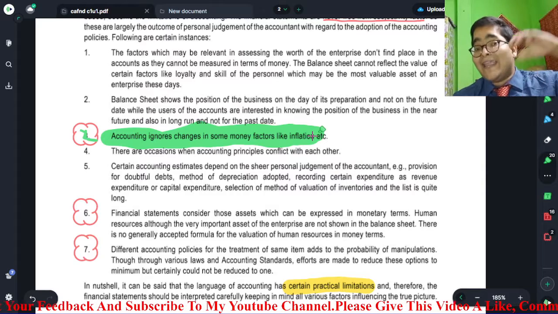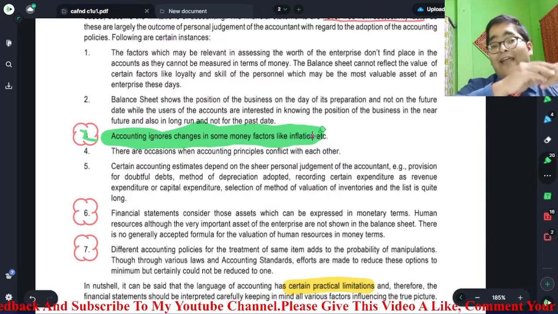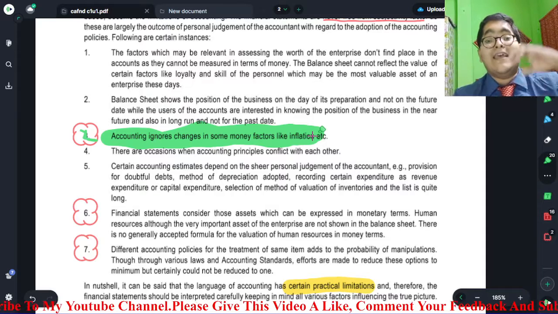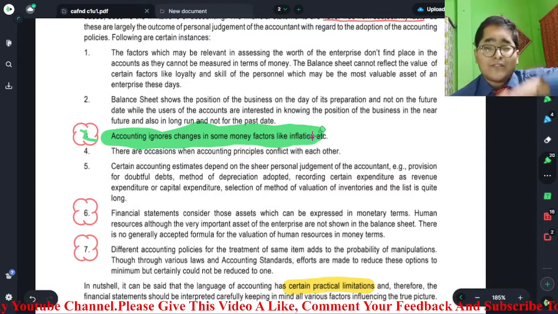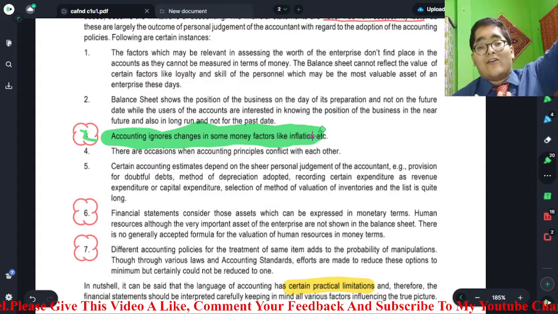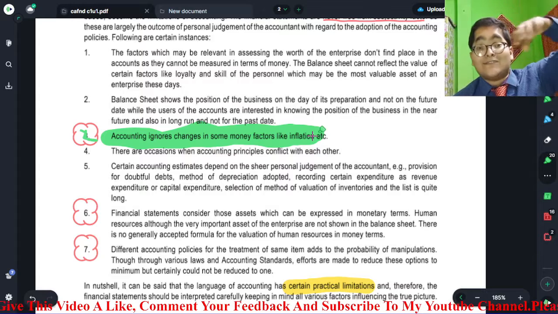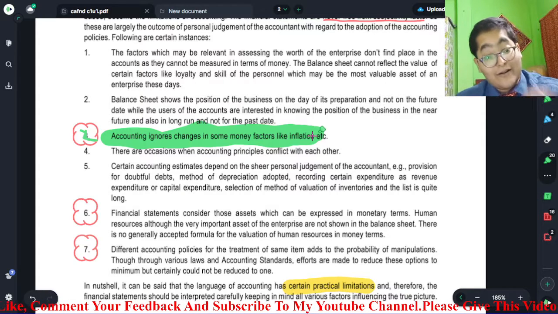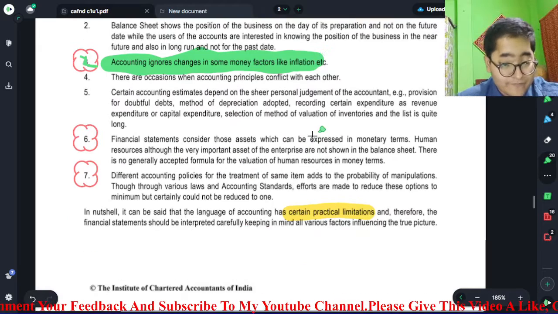That increase in the amount from 5 lakh to 7 lakh 50,000 is not given any importance. The depreciation in 2020 or 2022 is calculated on the 5 lakh rupees, the historic cost. That is why accounting ignores changes in some monetary factors like inflation.